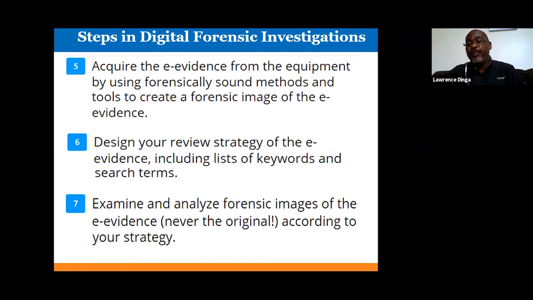We say that the best evidence is the original evidence, or a proper image of that evidence. So it is important not to analyze the original evidence. You'll always analyze what we call a copy of that evidence, and we are going to see how to acquire that copy.